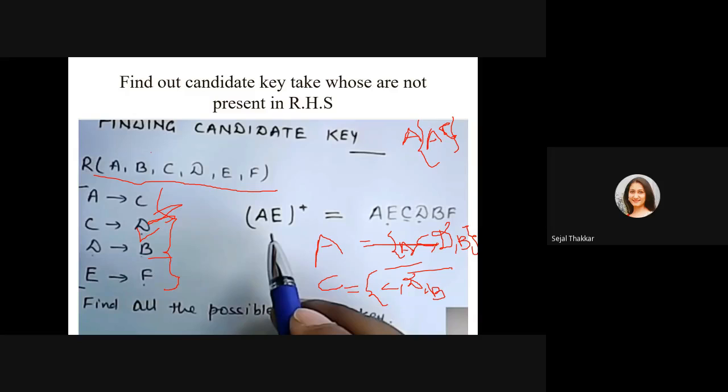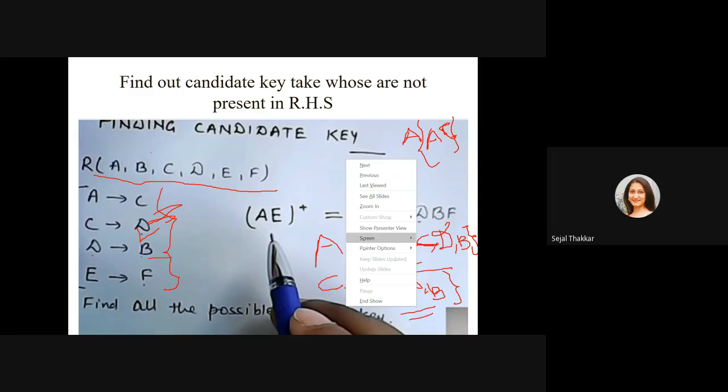From A I am getting C, from E I am getting F, but from B I am not getting anything. So from C I am getting B, C, and D, right? So these are the closure of C. Likewise, you can find out the closure of all the values. You can even combine the values. Now we have to find out the candidate key. Now how can we find out the candidate key?